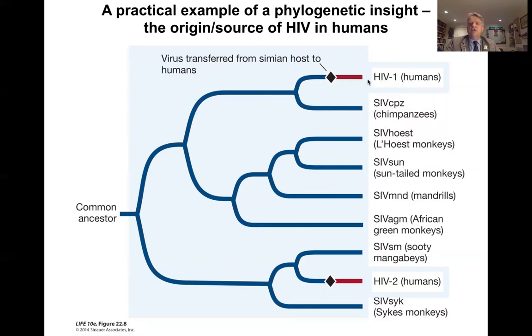That HIV-1 has a common ancestry with chimpanzees, and HIV-2 has a common ancestry with a simian viral lineage that's found in Old World monkeys.